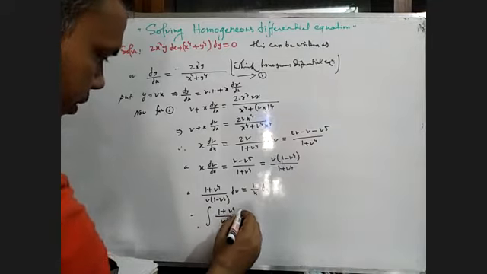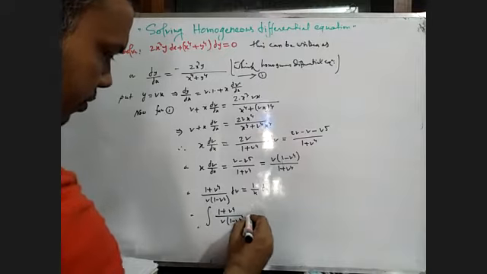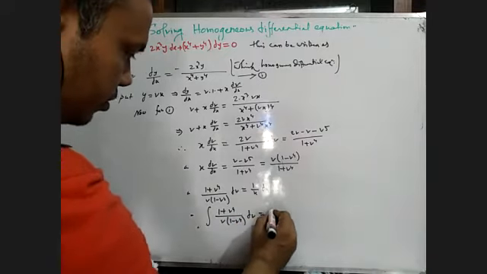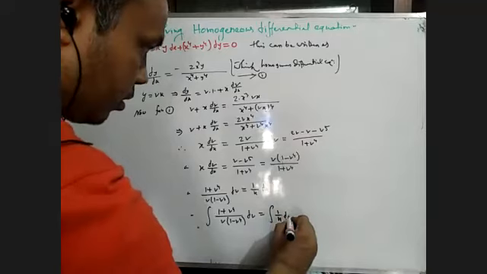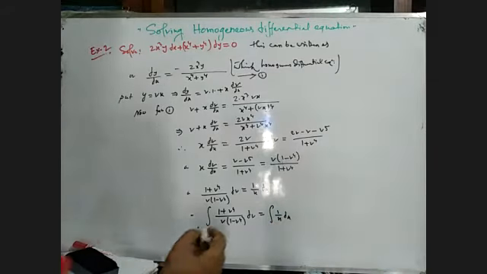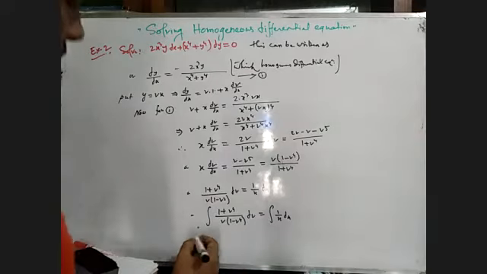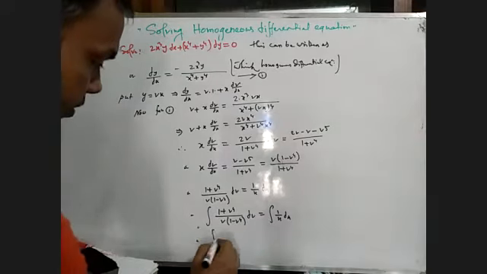1 plus b4 db equals to integration 1 by x dx. But here there is a partial fraction. Okay, by using partial fraction, we can write this one like this.